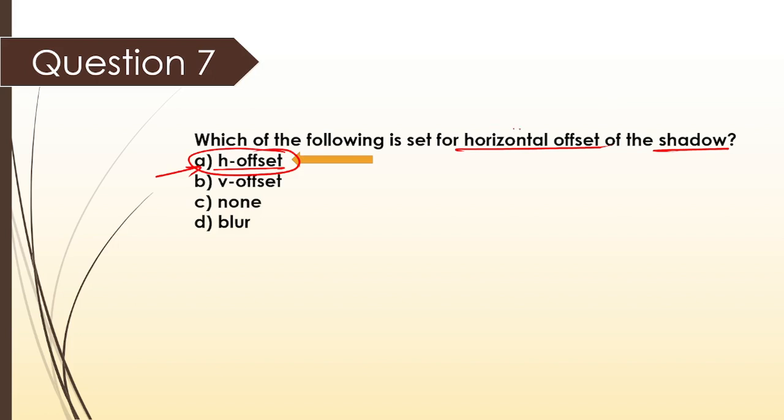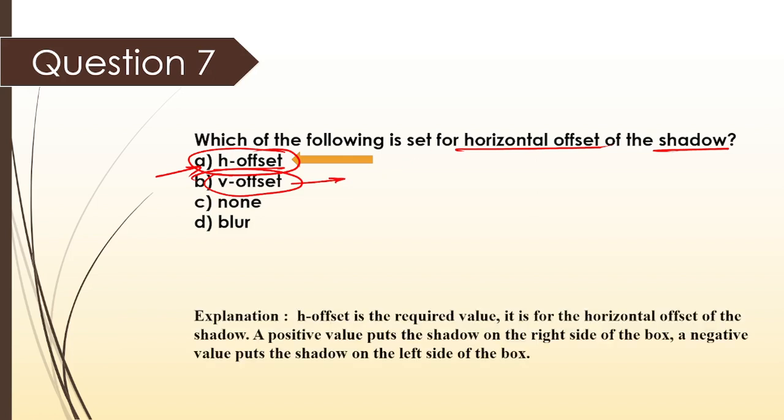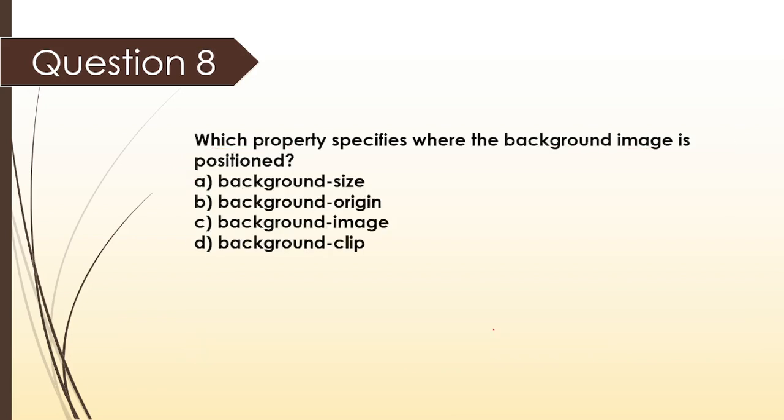If they asked about the vertical offset of the shadow, then your answer would be V offset. H offset is the required value. A positive value puts the shadow on the right side of the box. A negative value puts the shadow on the left side of the box.